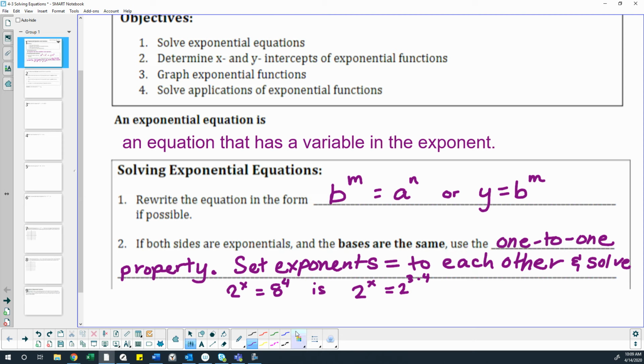Now that we have exactly the same bases, we ignore the bases. It's not that they've disappeared, it's just that we're creating a new equation with the exponents that we know is true. So the exponent x would be 12.